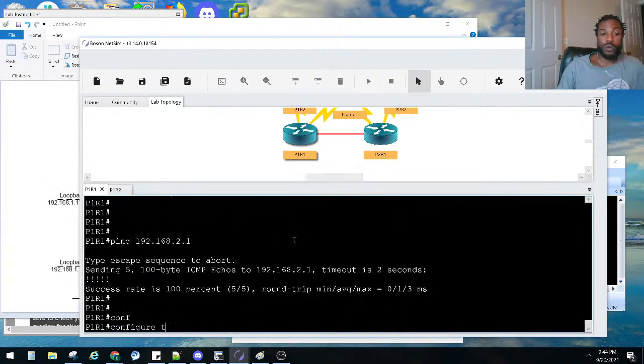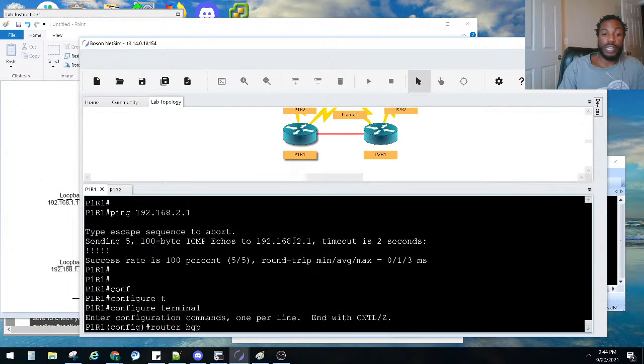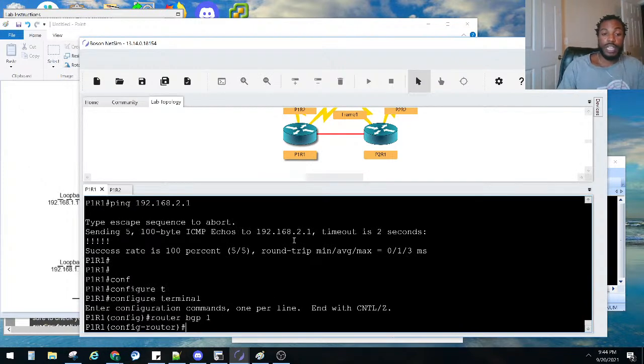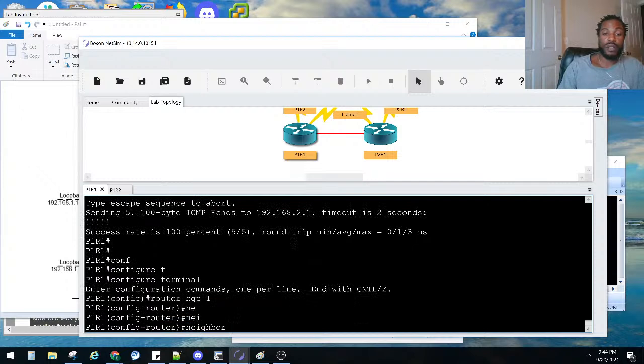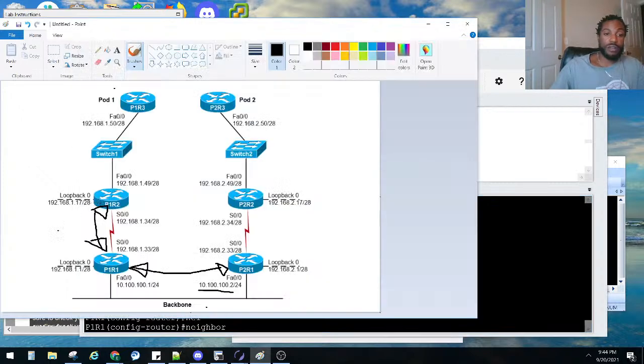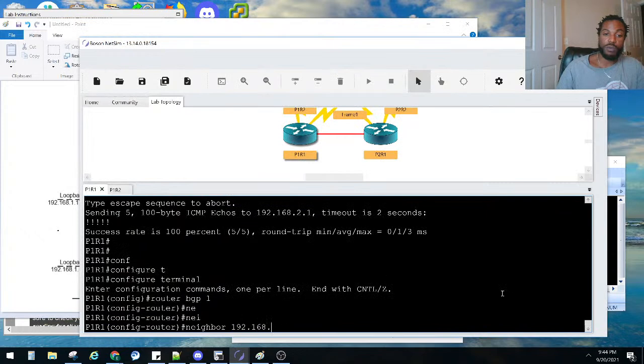Go to global config mode. We say router BGP, we are in AS 1, and our neighbor should be this guy right over here. But we're going to use his serial interface since that's the next hop: 192.168.1.34.